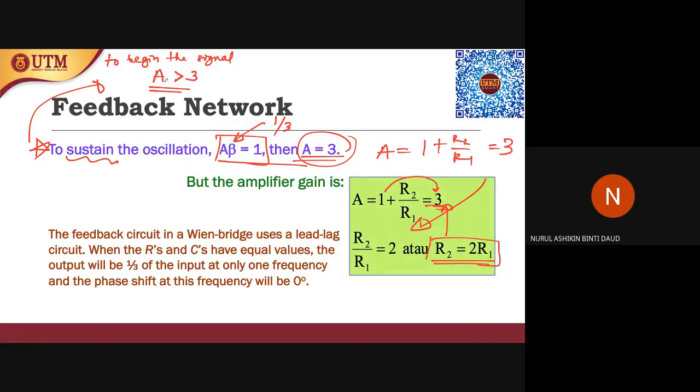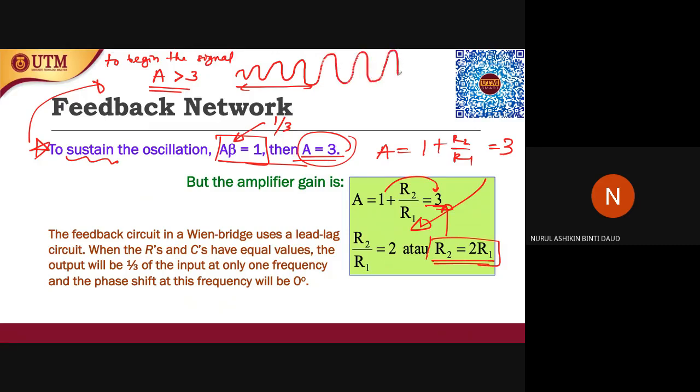When the value of the amplifier gain is more than 3, the signal will increase, larger, larger, larger, and at one point the signal will be sustained.